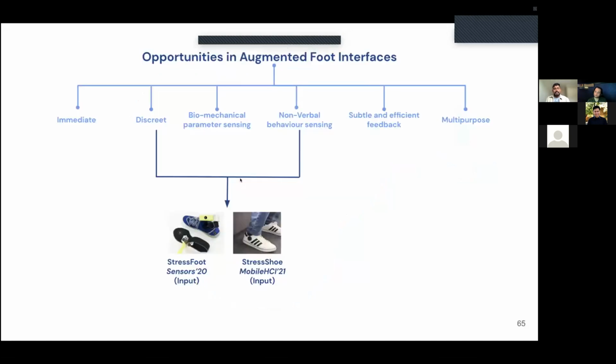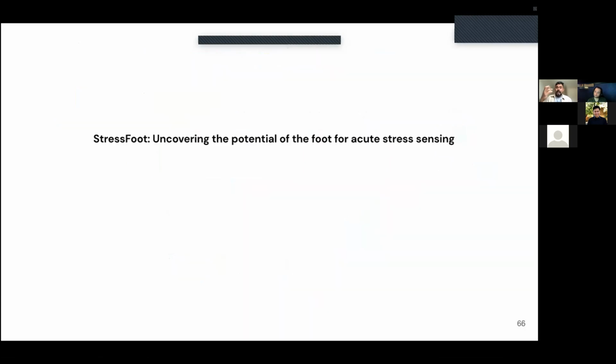Next, let's look at how we developed an input augmented foot interface where we use this interface to detect acute stress by looking at our foot motion and pressure profile. The concept behind this is very simple.